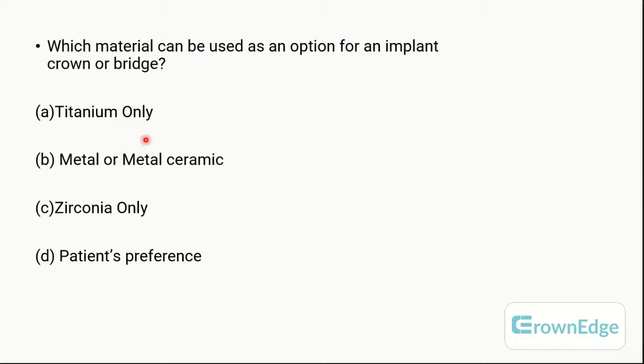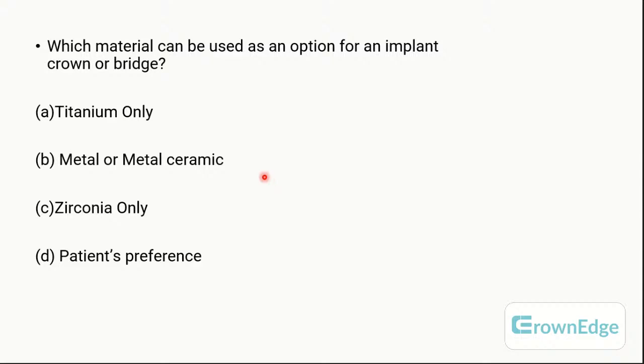So whenever you have remaining teeth or denture teeth present, as best as possible, we try not to abrade the opposing dentition. We should not harm the existing dentition.